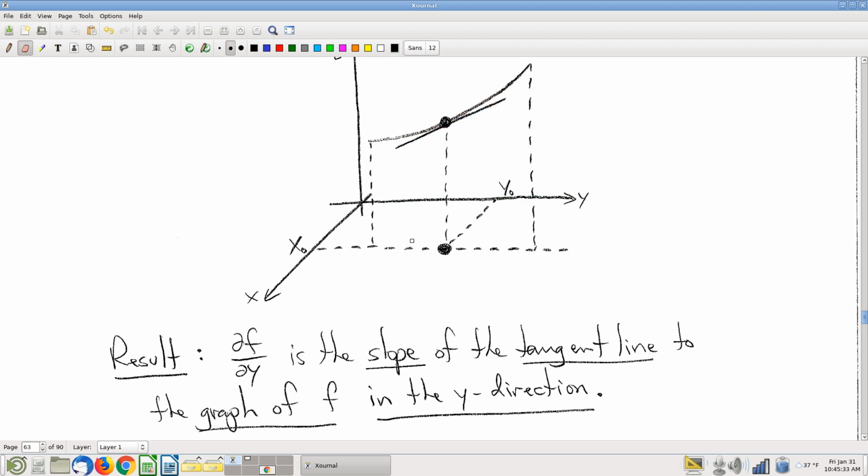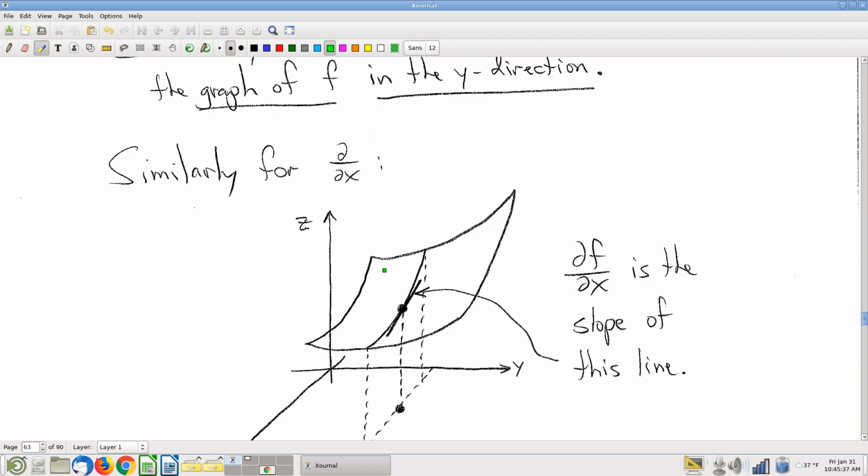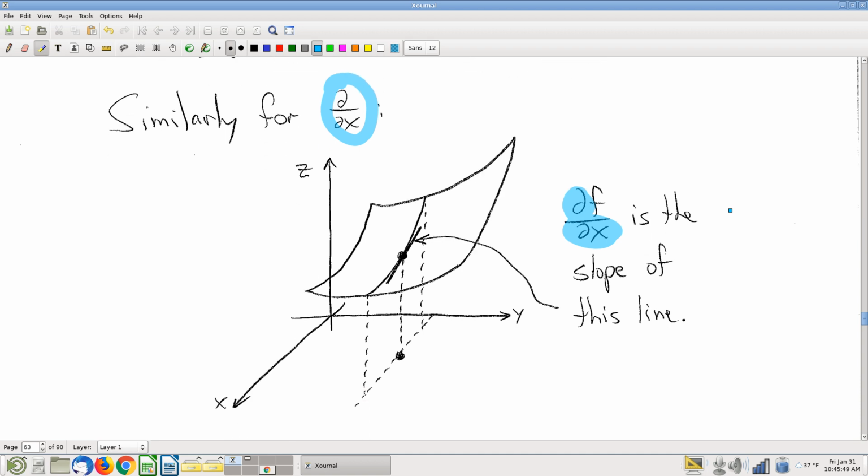Now, here's an exercise. I want everyone to do the following. Think it through for what does a partial derivative with respect to x mean? If you want to do a partial derivative with respect to x, what does that look like and why? Again, think through the process. Now, by analogy, you can guess the correct answer. Yeah, sure. It's the slope of the tangent line to the graph of the function in the x direction. No surprise on what the answer is, but I think it's a valuable exercise to think through that process by analogy to what we just did.